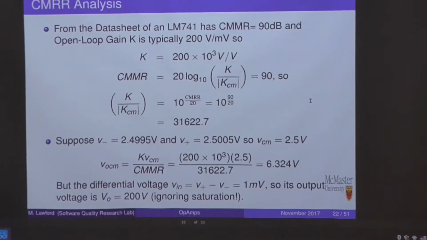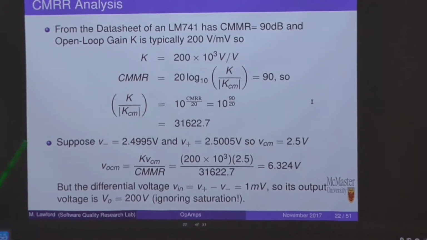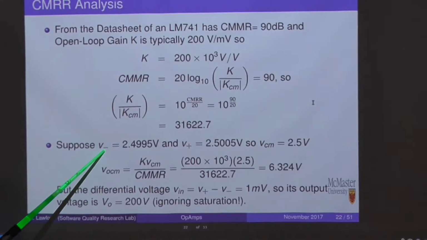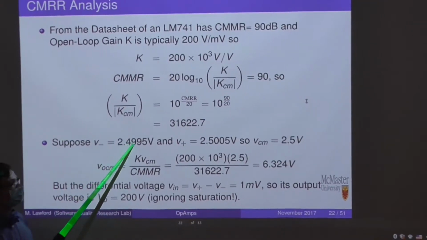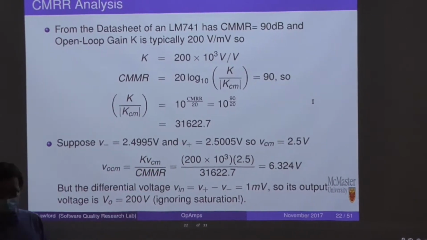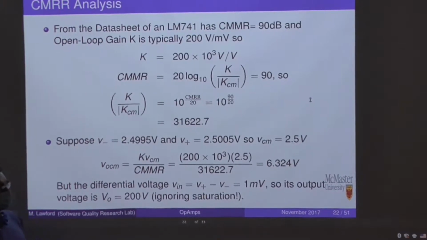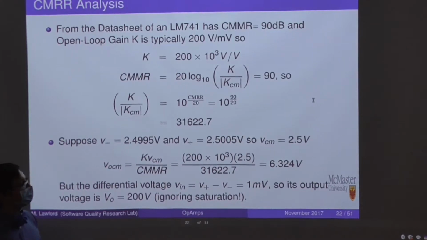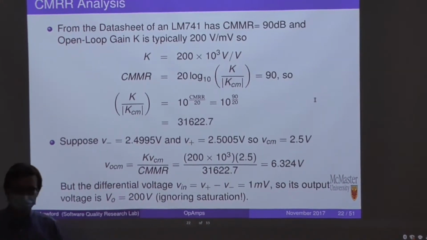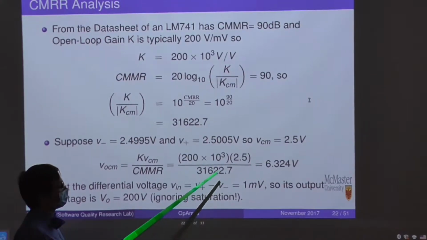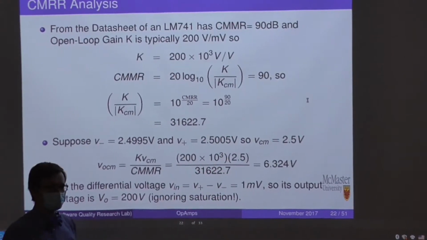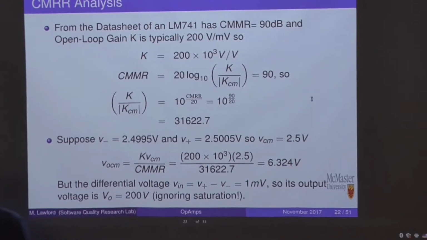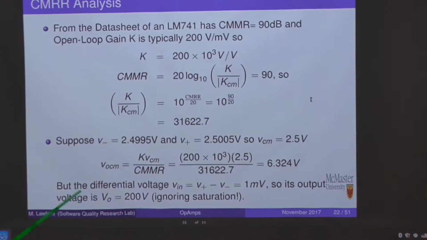So, therefore, if we had a voltage at the negative terminal of 2.4995 and a voltage at the positive terminal of 2.5005, that is to say, a difference between the two of 0.001, the common mode voltage would be 2.5 volts, right?